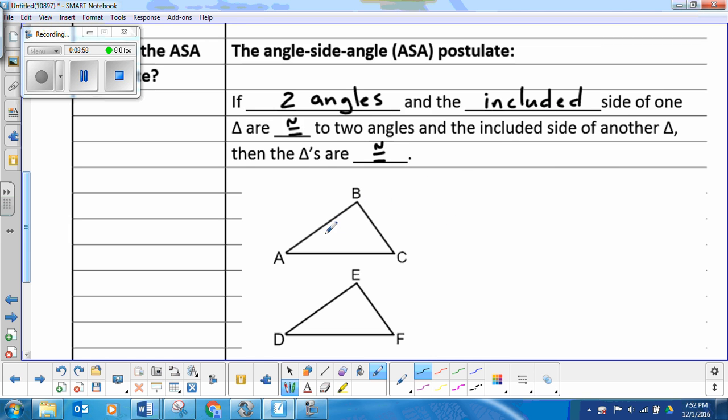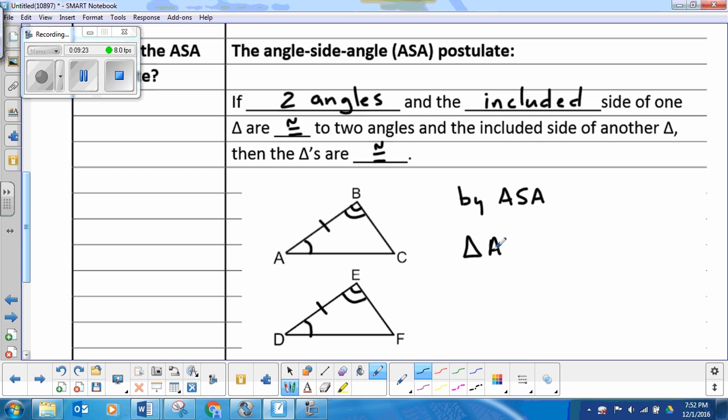Here we have 2 angles and an included side. So if angle A is congruent to angle D, and side AB is congruent to side DE, and angle B is congruent to angle E, then we can say that by the angle side angle postulate, we have 2 congruent triangles.